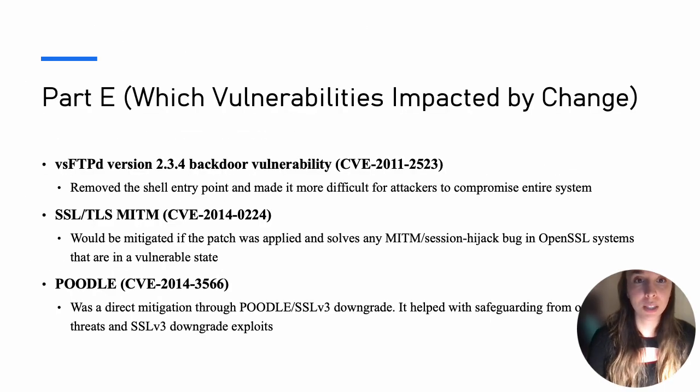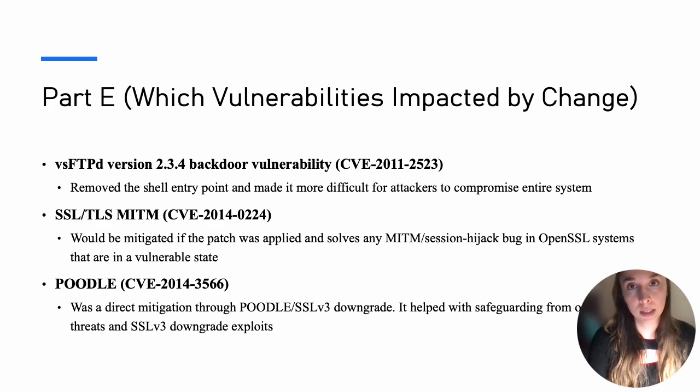So next here is which vulnerabilities were impacted by the changes. First up, of course, is CVE 2011-2523. I removed the VSFTPD entry point and blocked port 6200, which closed the remote shell backdoor, and it greatly reduces the chance of a full system compromise. Next up is the SSL/TLS MITM vulnerability.